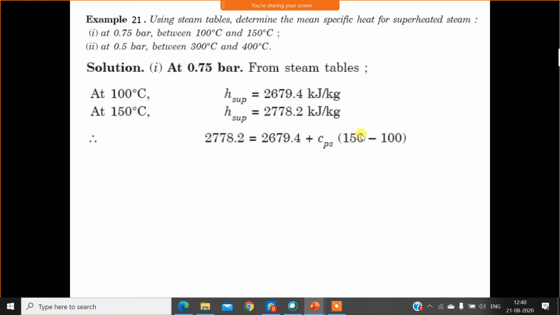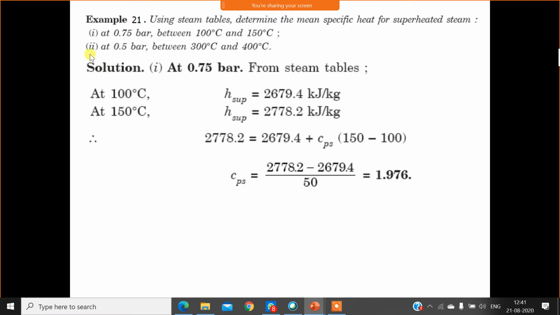The superheated temperature is 150 degrees Celsius, and minimum temperature 100 degrees Celsius. From this formula we can easily calculate specific heat as 1.976 kilojoule per kg Kelvin. The unit will be kilojoule per kg Kelvin.